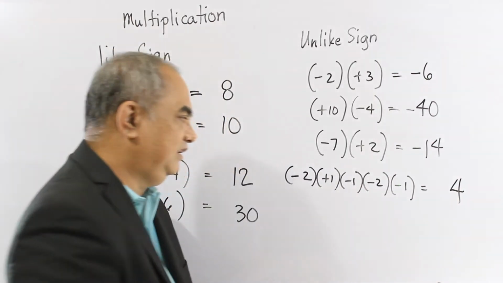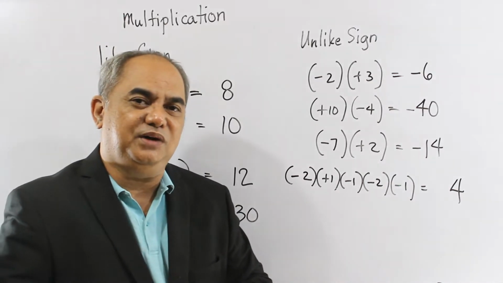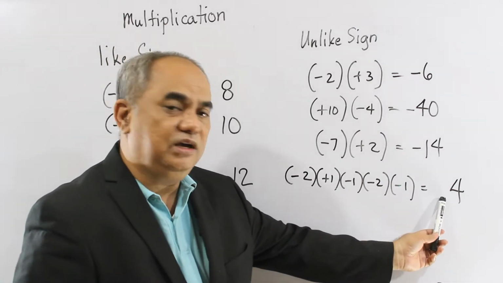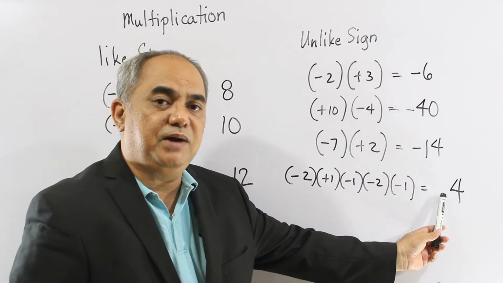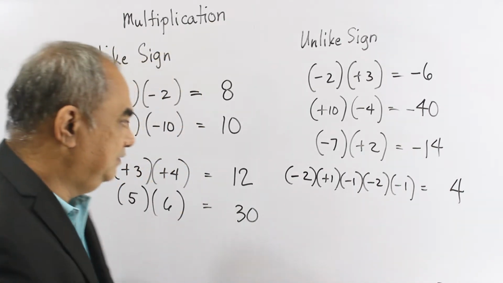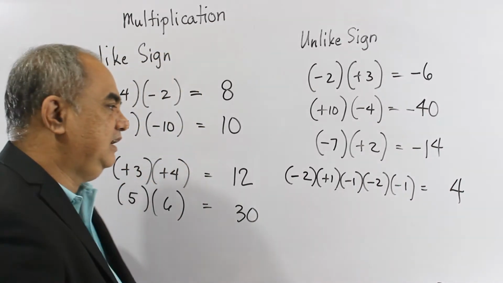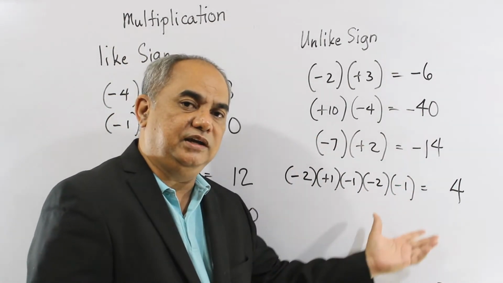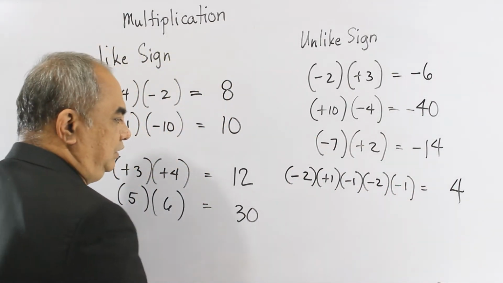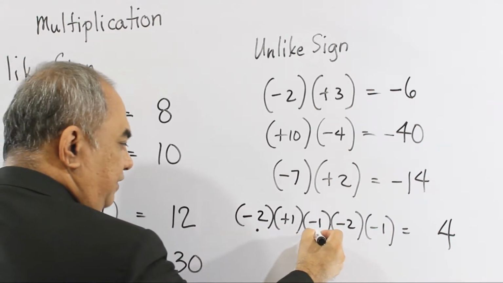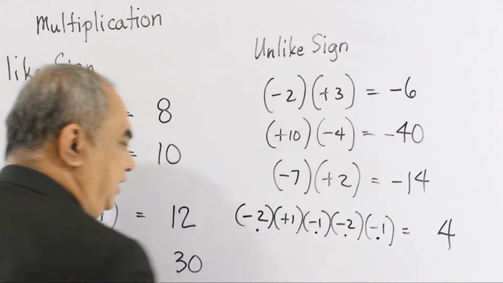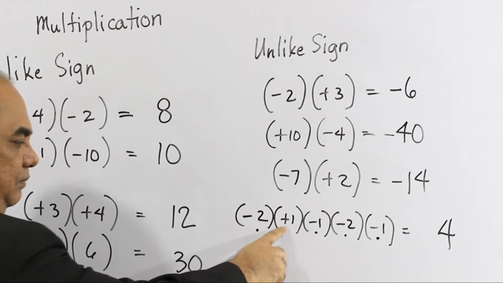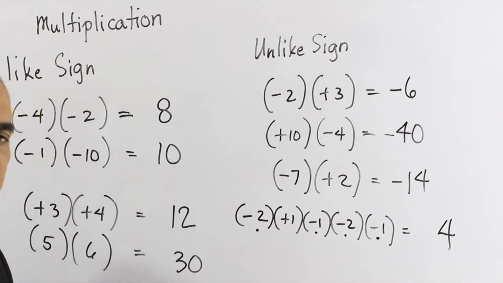That's very easy. But this time, we're going to ask ourselves, what will be the sign of this product 4? Is it going to be positive or negative? For simplicity, we just recite and consider only all the negative factors here. So we have 4 negative factors. We will not include the positive one. Then how do we do this?